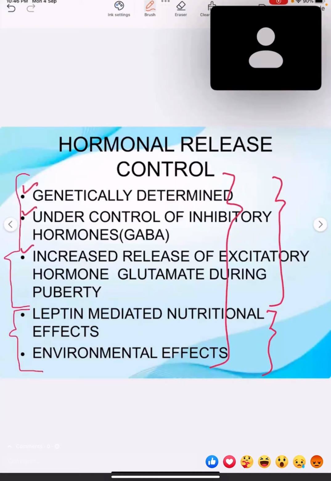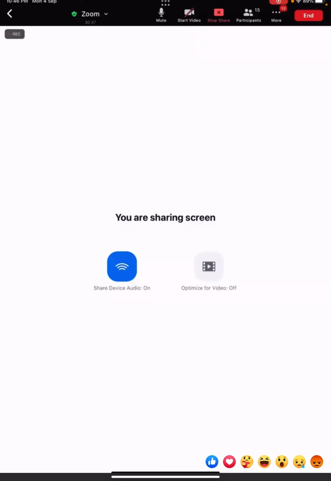They were decided when I was a fetus. And these two things are under my control. These are the things which I can control so that a child does not have secondary sexual characteristics appearing before the normal age.